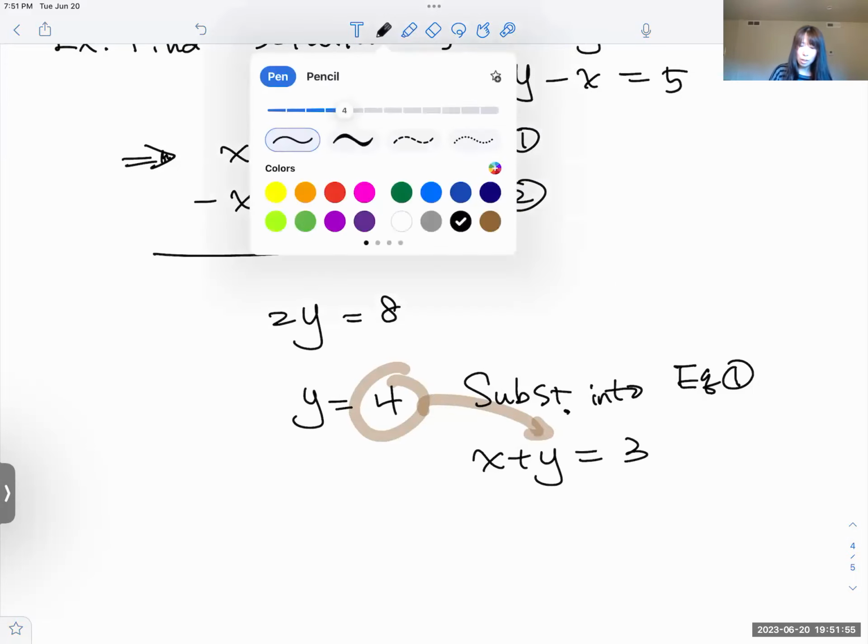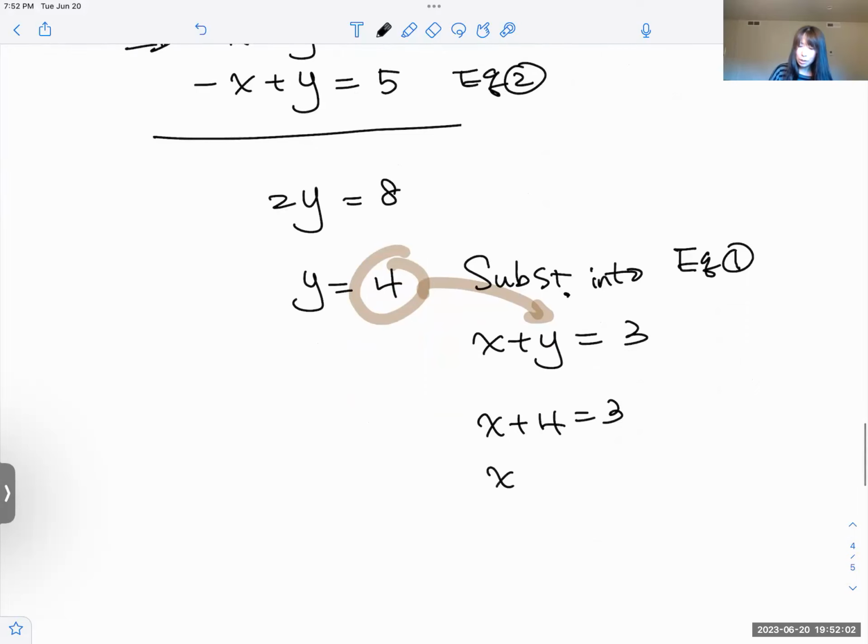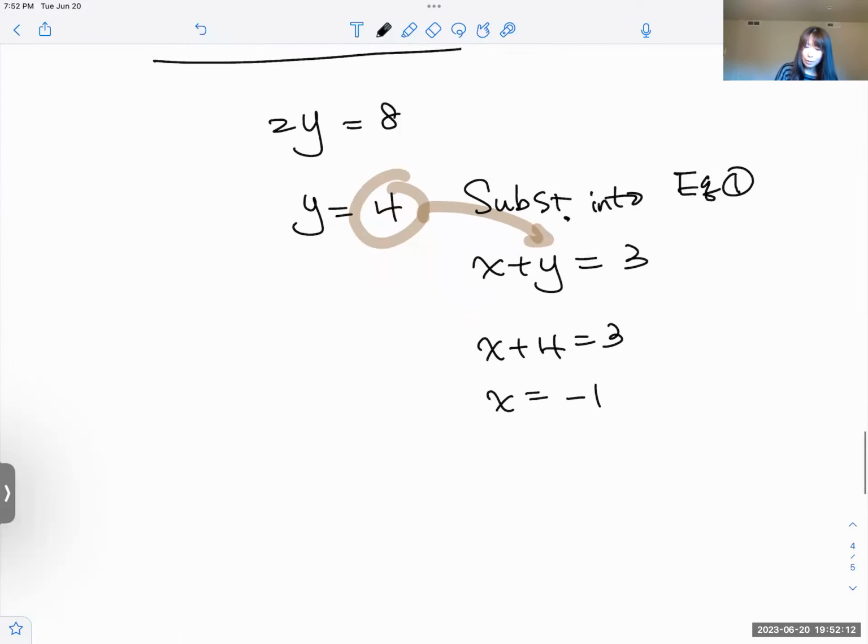So that's how we solve, right? So x plus 4 equal to 3. x equal to what? -1. Excellent. So we have the solution, right? So x, y, which is -1 and 4. This is how we did it earlier, like graphically, we were finding the solution, right?